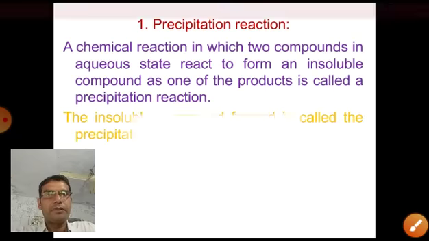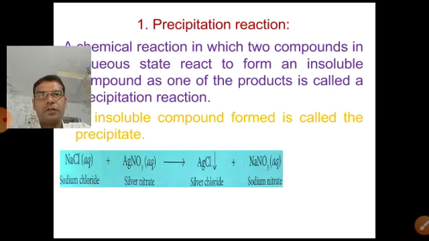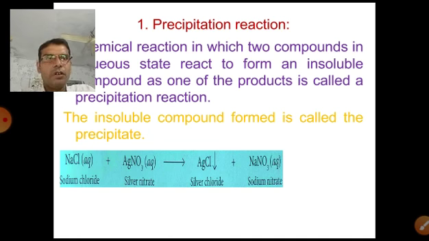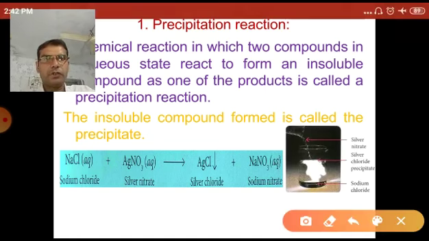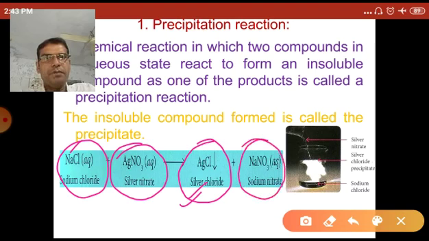So let's see the examples. Now the insoluble compound which is formed is called the precipitate. Let's see the examples. Now when a solution of sodium chloride is added to a solution of silver nitrate, they produce silver chloride, which is a white precipitate, and also form sodium nitrate as a byproduct.